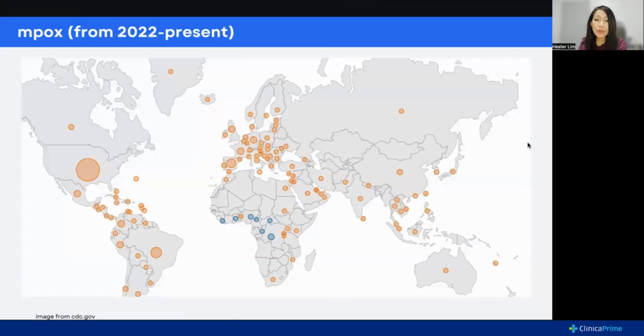Now, if you look at this graph from the CDC, you can see in blue circles where Mpox was previously reported to be endemic. So this is, again, Central and West Africa. And you can see the orange circles where Mpox was previously never reported and is now currently present. And of course, in the Philippines, we have our own cases of Mpox as well.